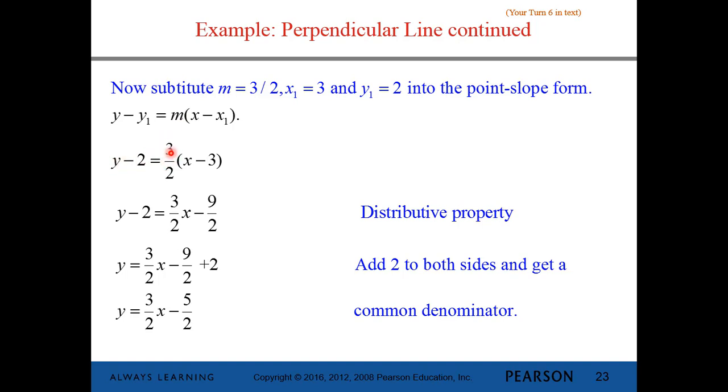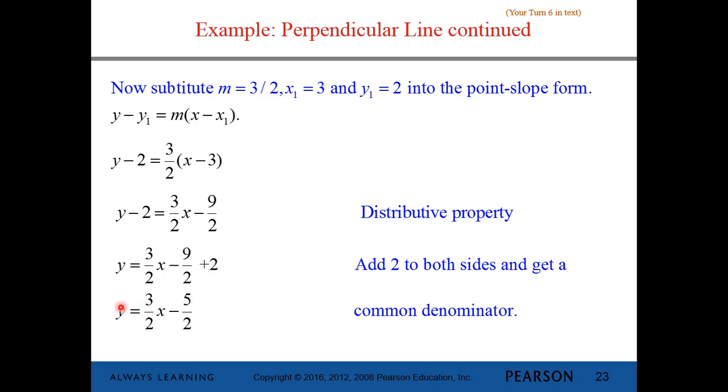So you distribute the 3/2, so you get 3/2 x minus 9/2, and then you add 2 to both sides. You simplify this by changing it into 4/2, and you get minus 5/2.